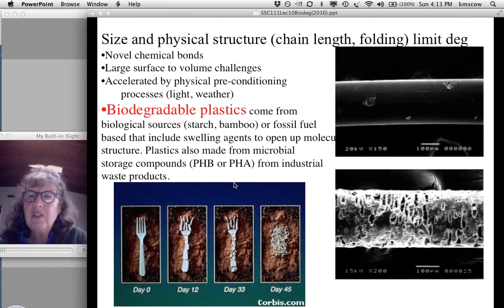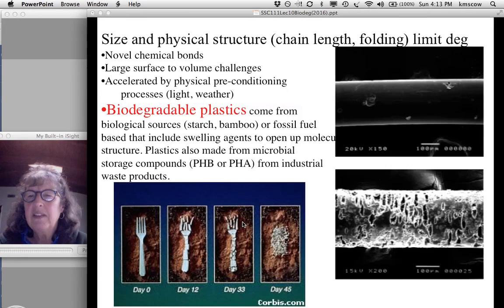And there's been a lot of interest in biodegradable plastics, and over the time that I've taught this course, it's really changed a lot, moving away from fossil fuel-based plastics to including material that may cause the molecular structure to open up a little bit and swell so that organisms can get in there, get access.